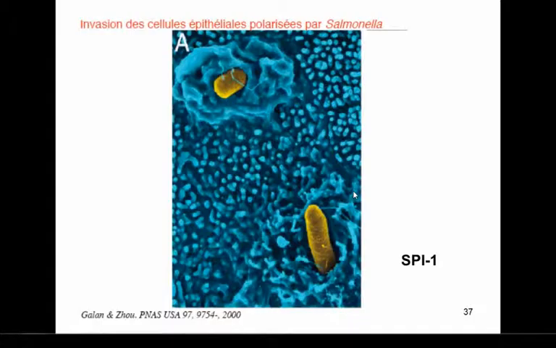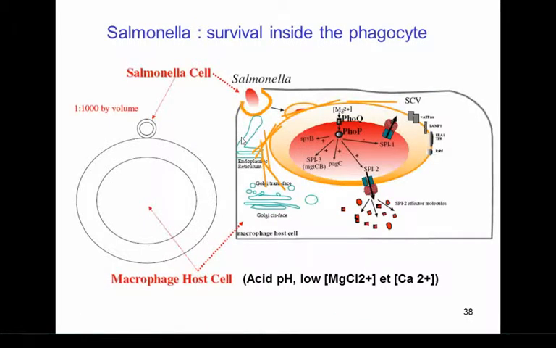So SPI1 causes a non-phagocytic cell to take them up. SPI2, how does that work? SPI2 codes for a type 3 secretion system, which will cross the phagolysosome membrane and allow the secretion of different effector molecules into the cytosol of the phagocyte. What these do is prevent phagolysosome maturation.